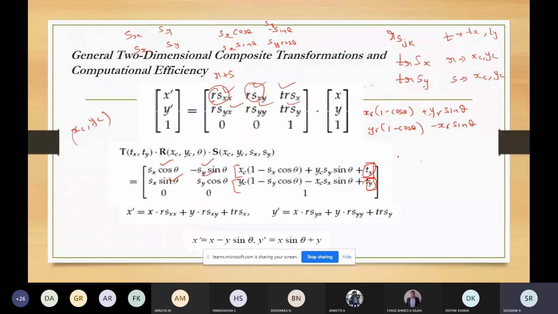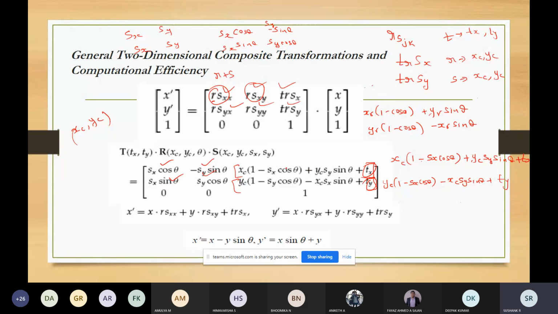So write xc into 1 minus, instead of cos theta, since you are rotating and scaling, you should write Sx cos theta, plus yr, which is yc, times Sy sin theta, plus the translation value tx. In the same way, the second equation: yc into 1 minus Sx cos theta, minus xr, which is xc, times Sy sin theta, plus ty.